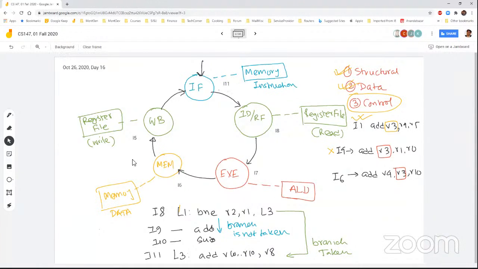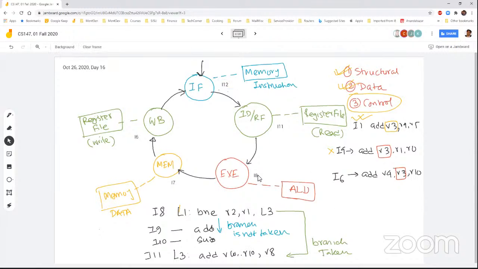Now I5 is done. Instruction 6 is in the pipeline. Instruction 7 goes here, instruction 8 goes here, instruction 11 goes here. And of course, the next one would be instruction 12, as the next instruction after that.